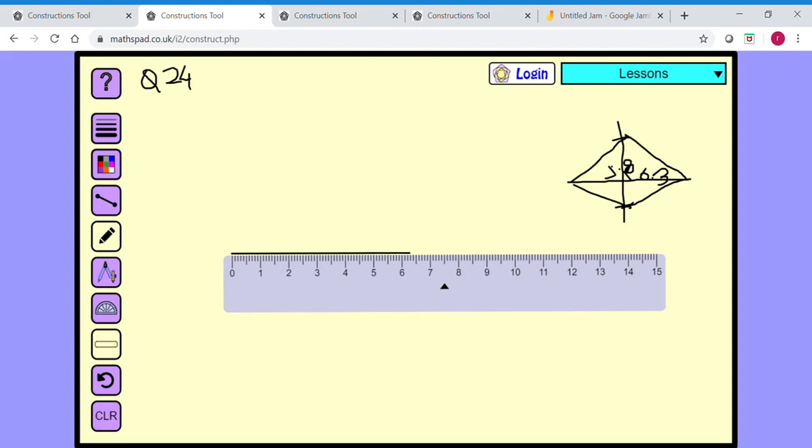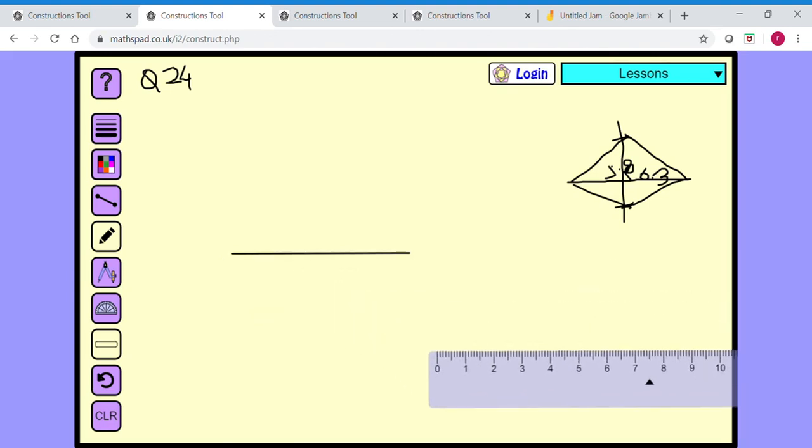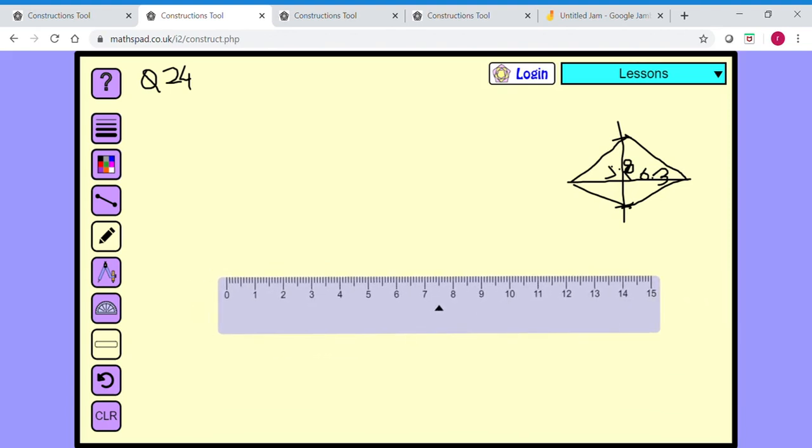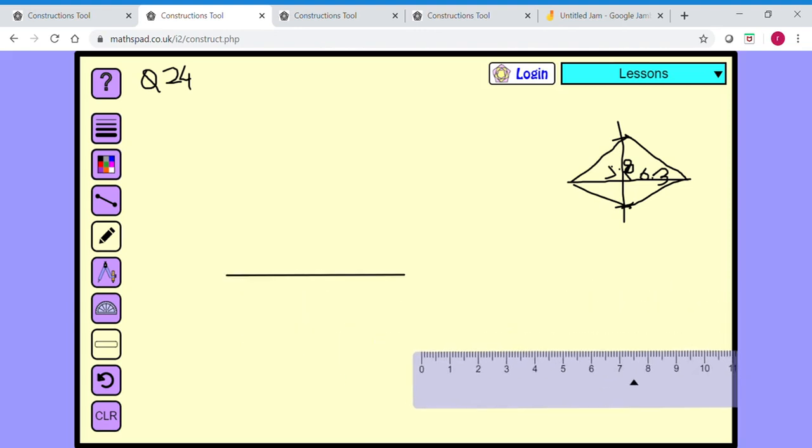So this is my first diagonal done, not BD, AC. My mistake. So this is AC of 6.3 centimeter.